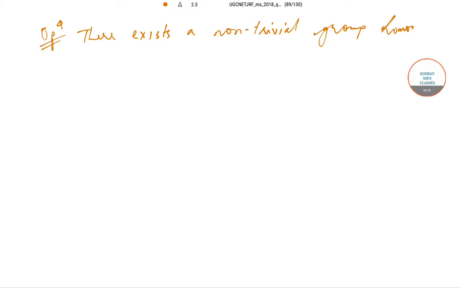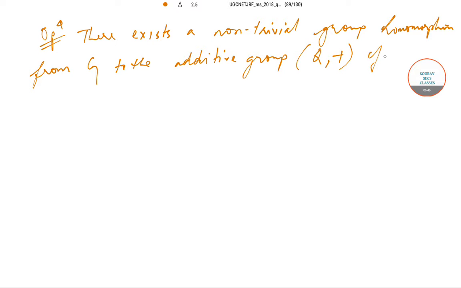So option 4 was: there exists a non-trivial group homomorphism from G to the additive group Q plus of rational numbers. This is what we need to find out.